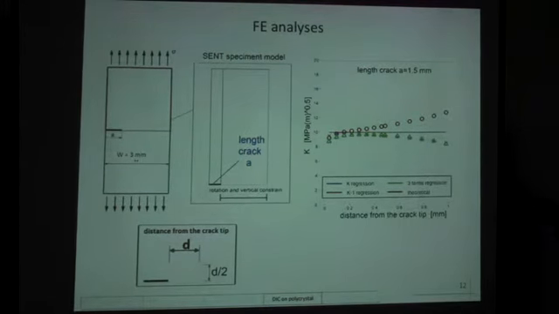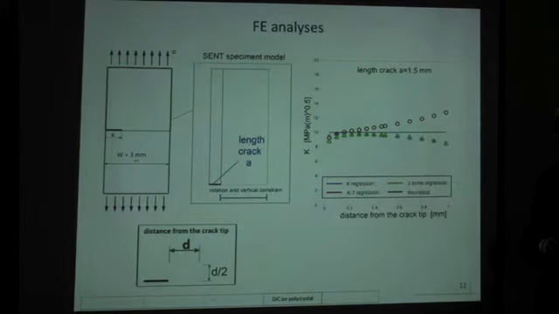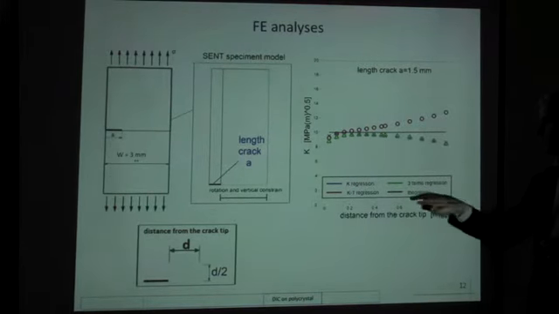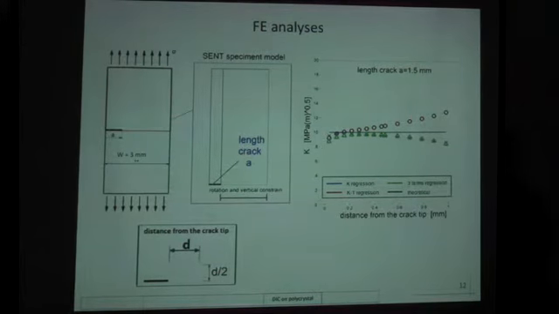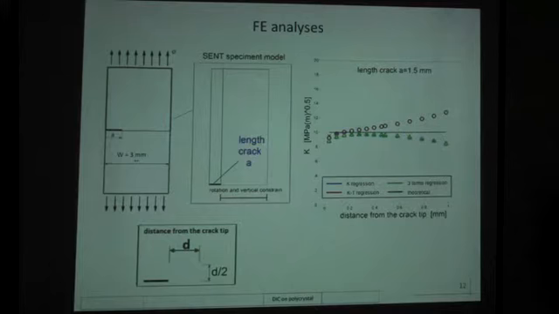While with the singular field, or the T-stress, or the three terms, we can have very precise results only if we are very close to the crack tip. It means that if we only look at the singular field, then the measurements are perfect. Otherwise, we are adding some artifact to our measurement.